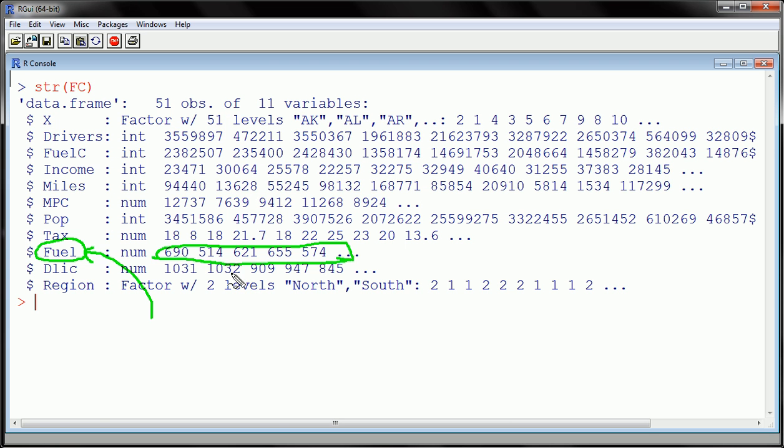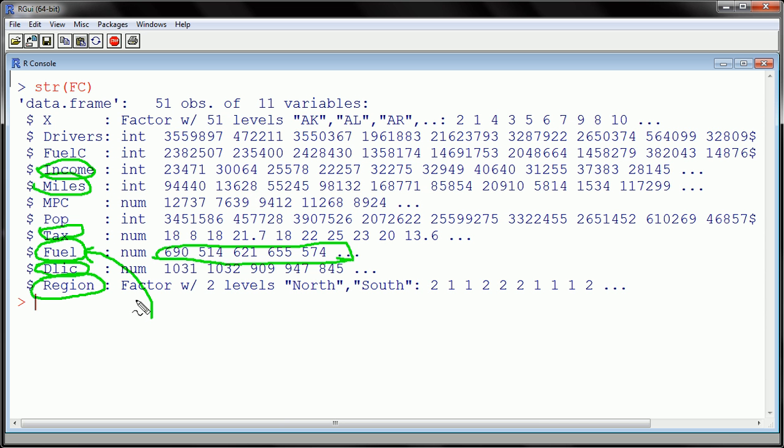Fuel would be the dependent variable, our target, and some of the other ones that I boxed earlier, like income, miles, tax, driver's licensed citizens, and region, will serve as our independent features or predictors.